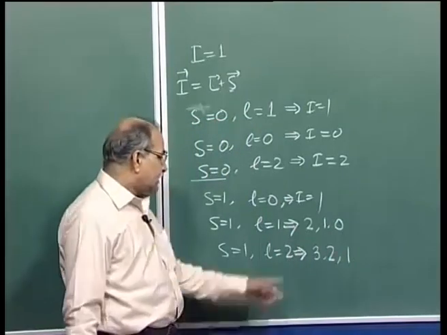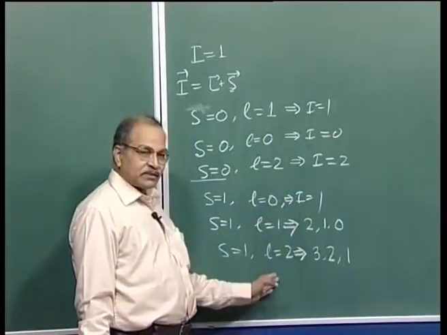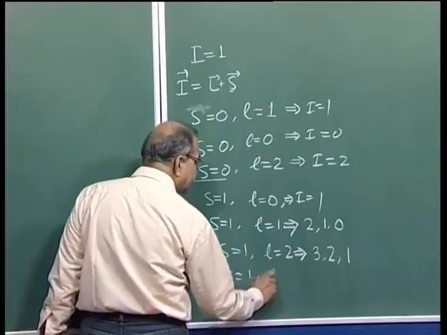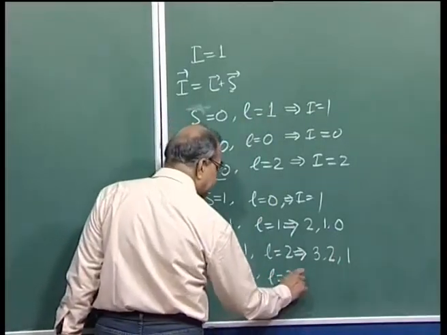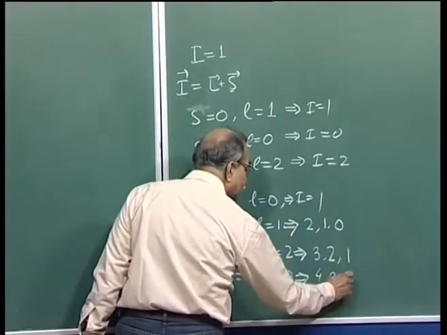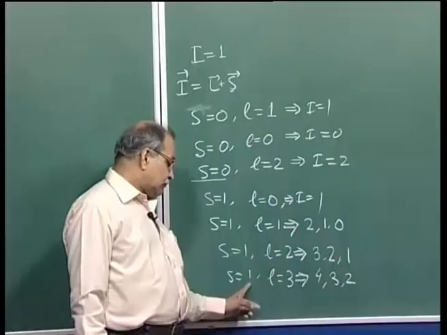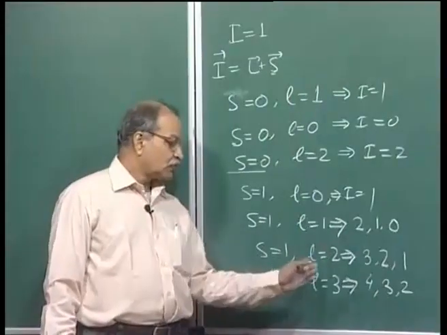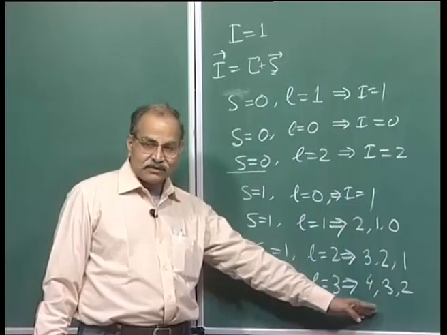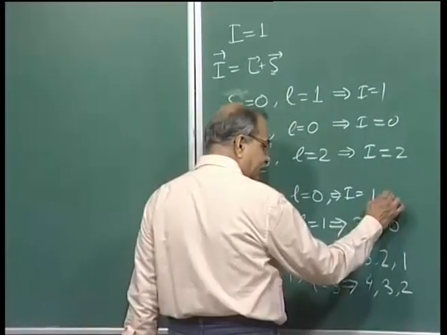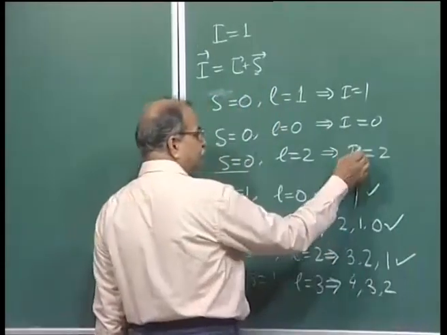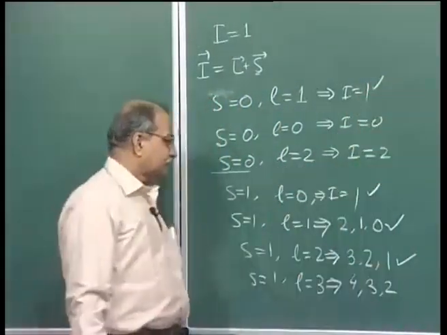So, you can get I equal to 1 in all these combinations. Can I go ahead? If S is equal to 1 and L is equal to 3, then 4, 3, 2. 3 plus 1 is 4 and 3 minus 1 is 2. So, 4 to 2. So, now I will not get capital I equal to 1. So, the possibilities are here, here, here, and here.